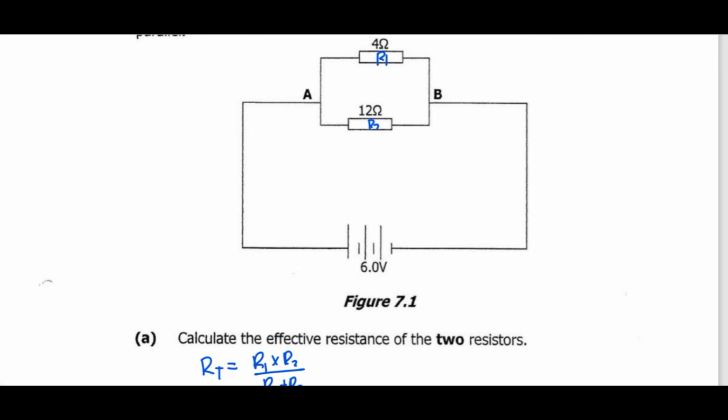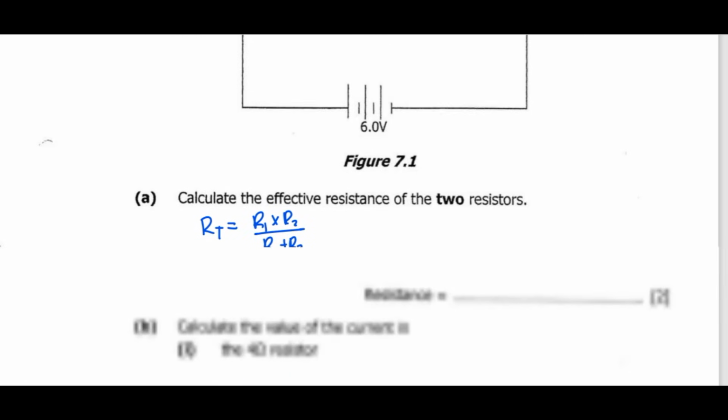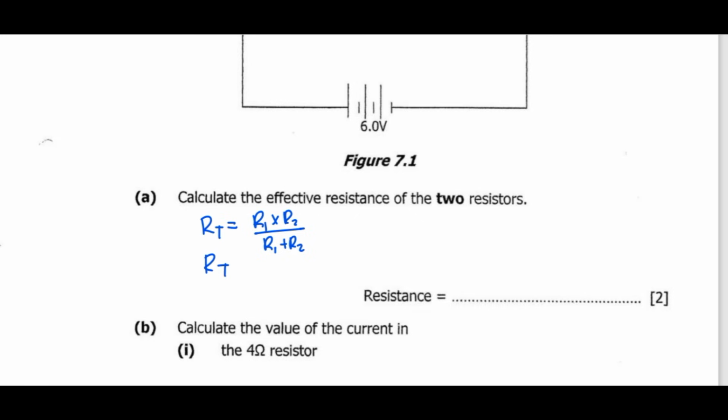Resistor 1 is 4 and 12. So 4 times 12 over 4 plus 12. So 4 times 12 will give us 48 over 16. 16 into 48 will give us 3 ohms.